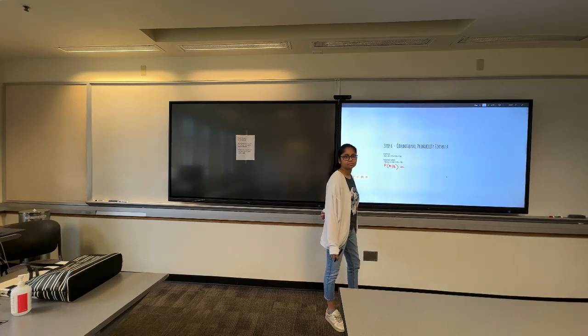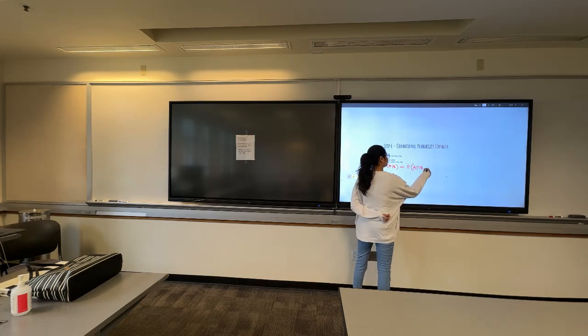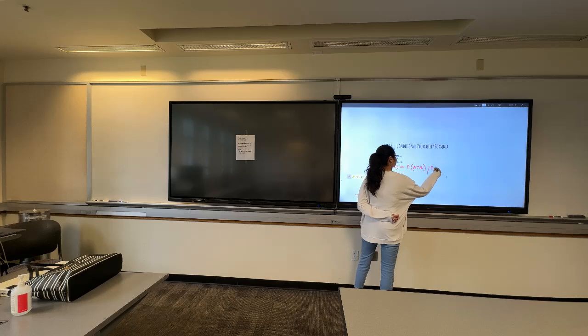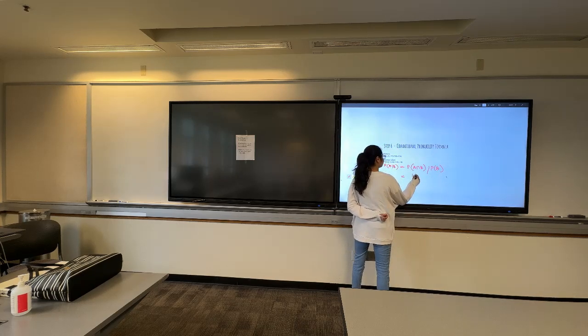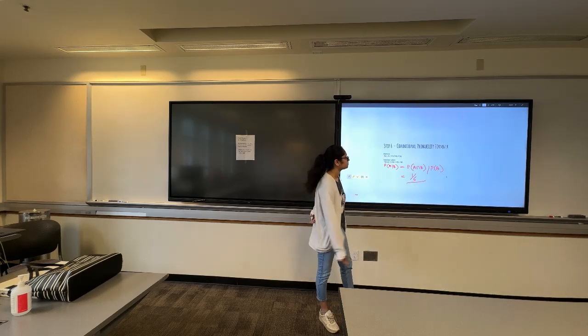It will be the intersection divided by the probability of B. What was the probability of B? 1/3, I think.